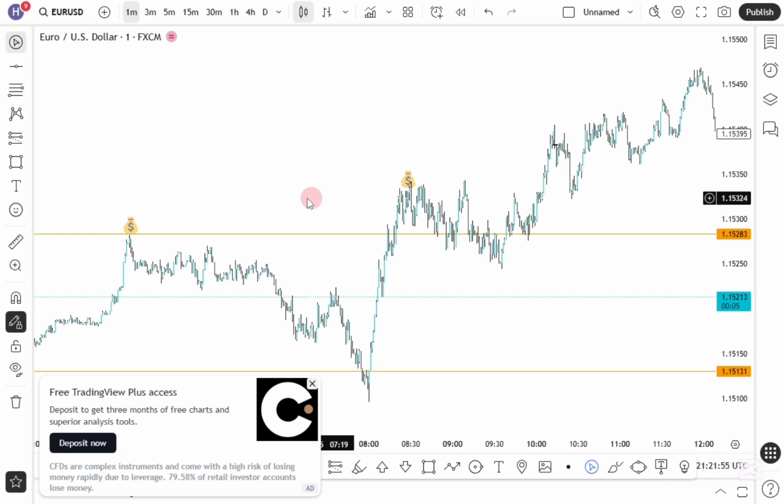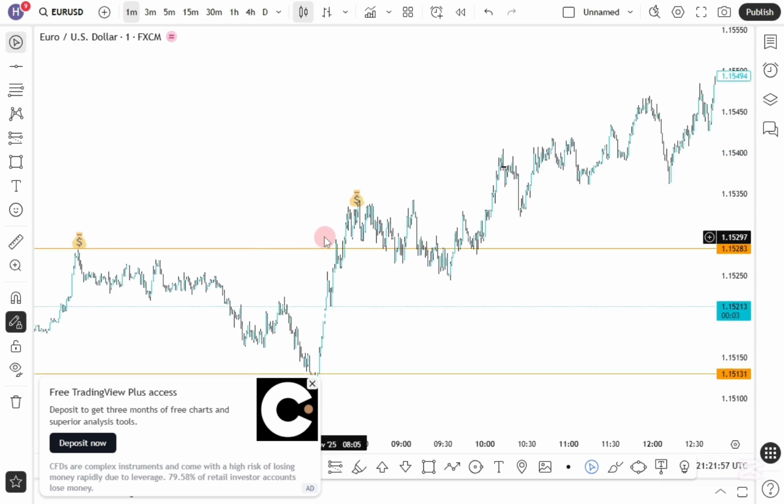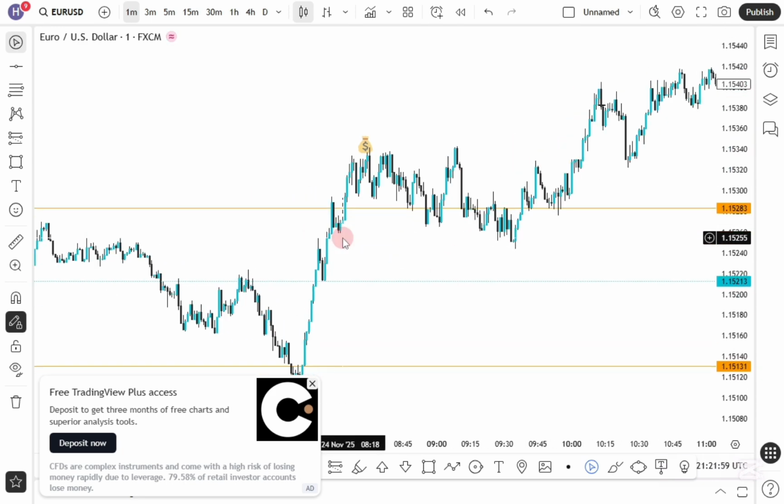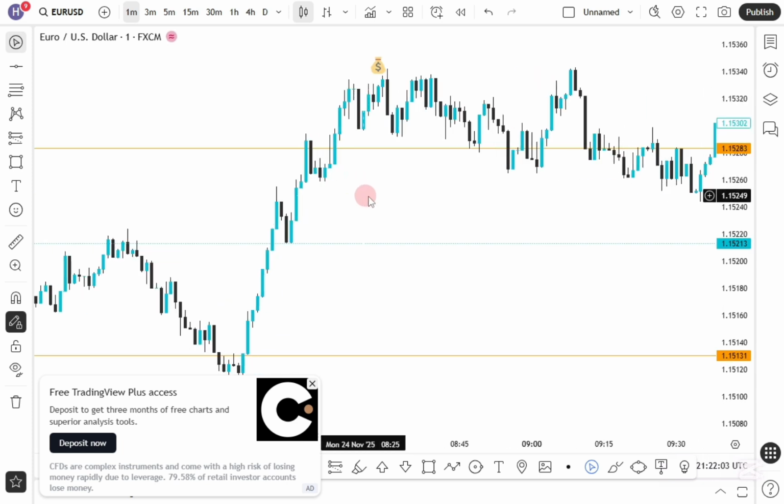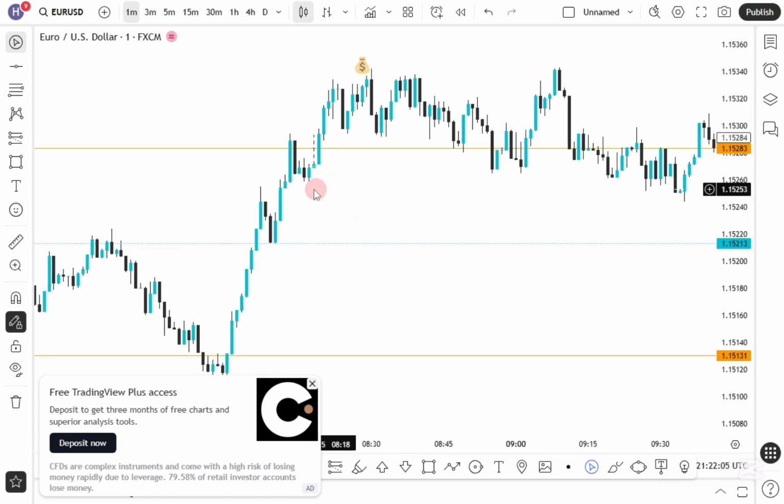Now, number three is, where should be your entry? Let me zoom this in so we have a clearer picture. Take a good look at this market. We have a buy market that makes this a liquidity zone.